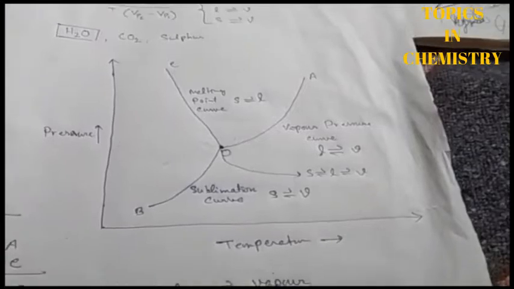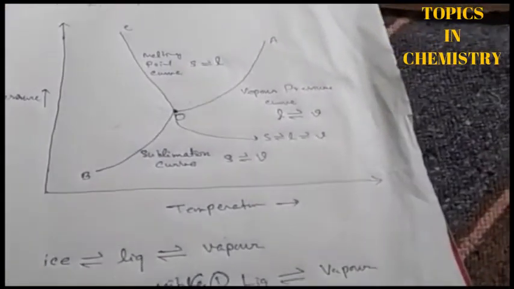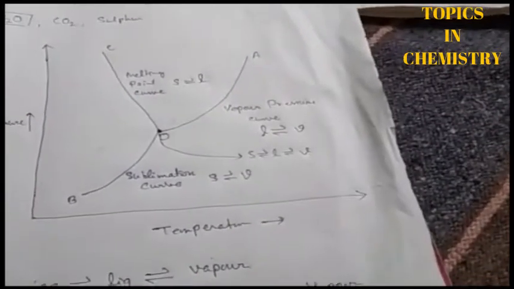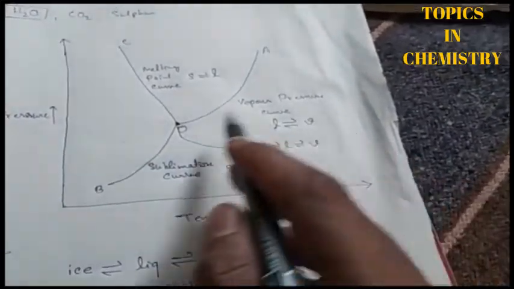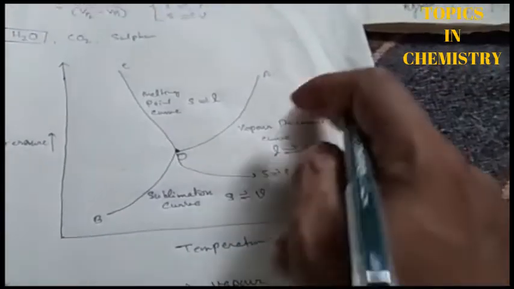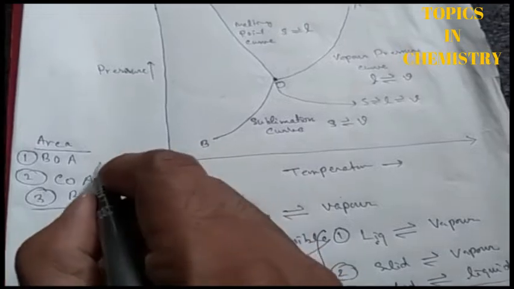Now we have to know what is the degree of freedom. Okay, so what is the degree of freedom of these three lines, of the point and of the area. Now first you can see here, this is the area actually. This whole area, that is the BOA area, is for vapor.